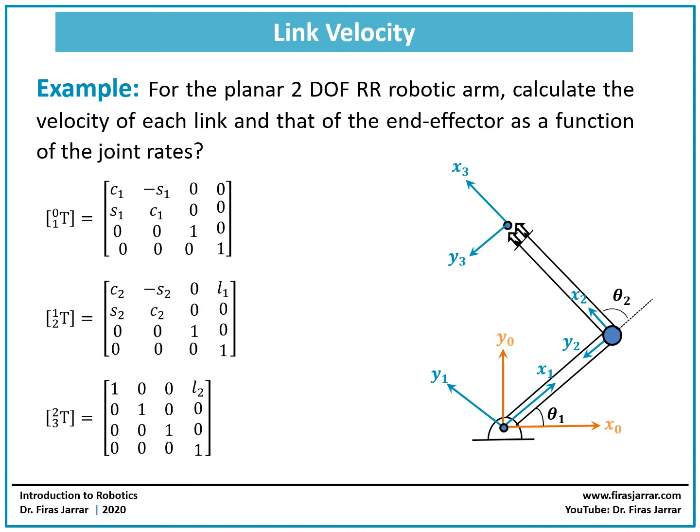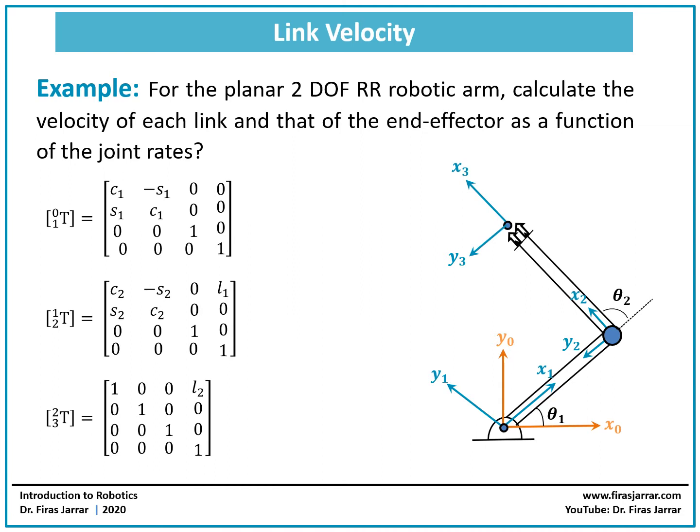We have frame 1, which consists of x1 and y1. Of course, z1, according to the right-hand rule, will be pointing out of the page. This frame 1 is attached to link 1 and rotates with it.